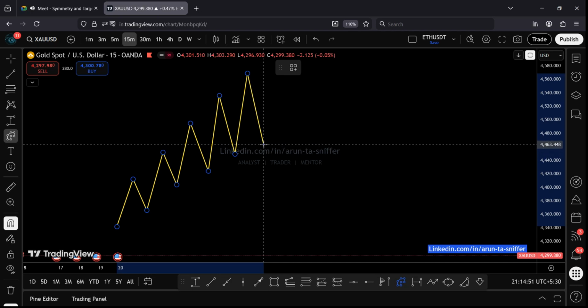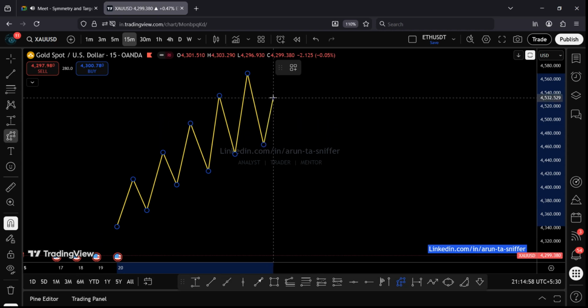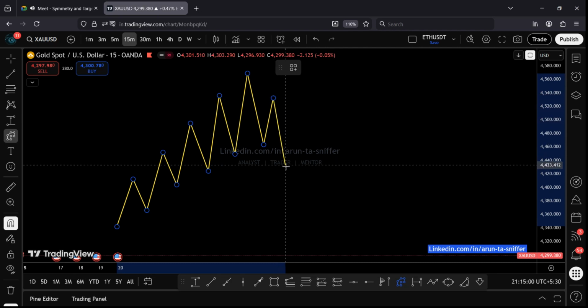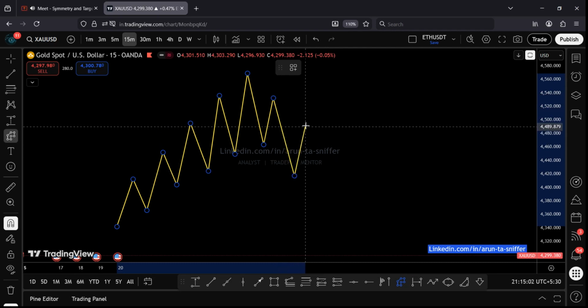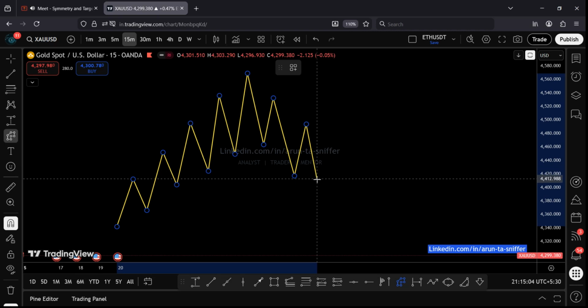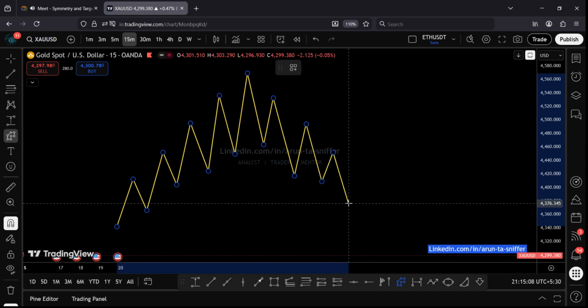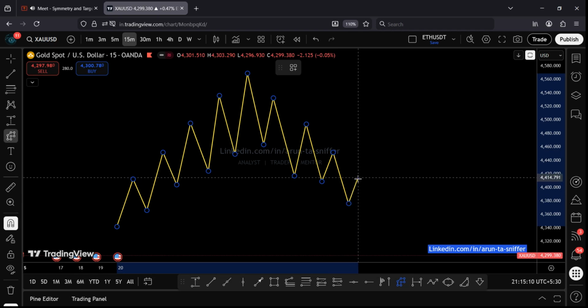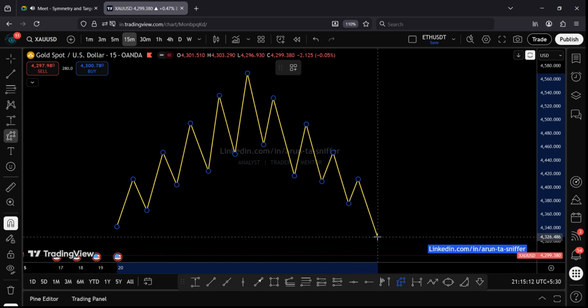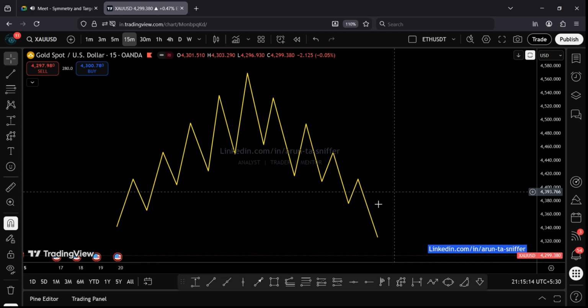Price comes down and then goes back to this LSK and then comes down, then goes back to this LSK and then comes down, again and again, like this. So what does this mean?